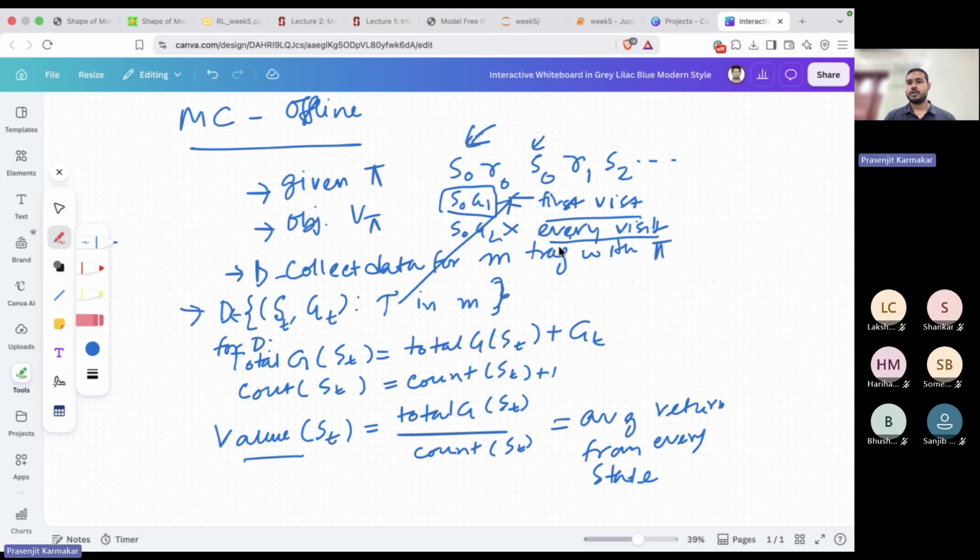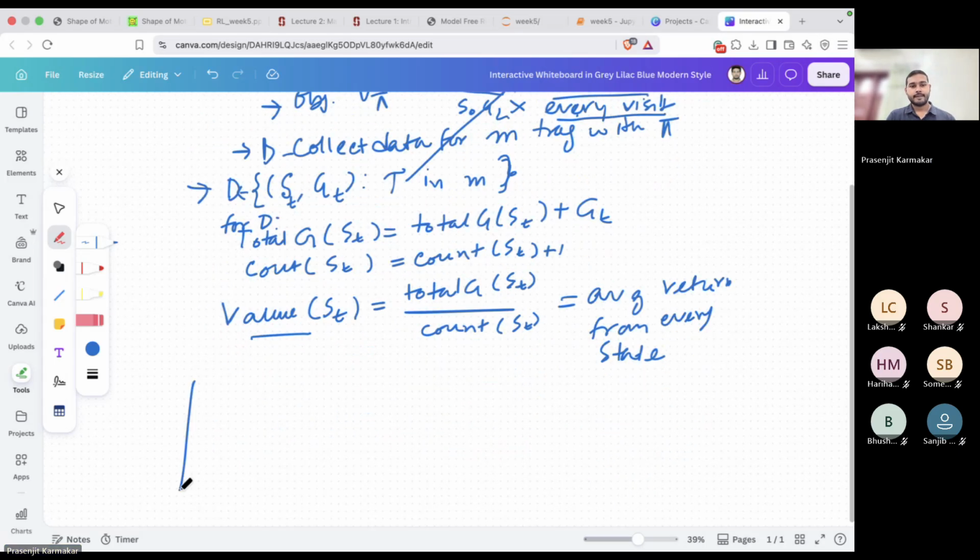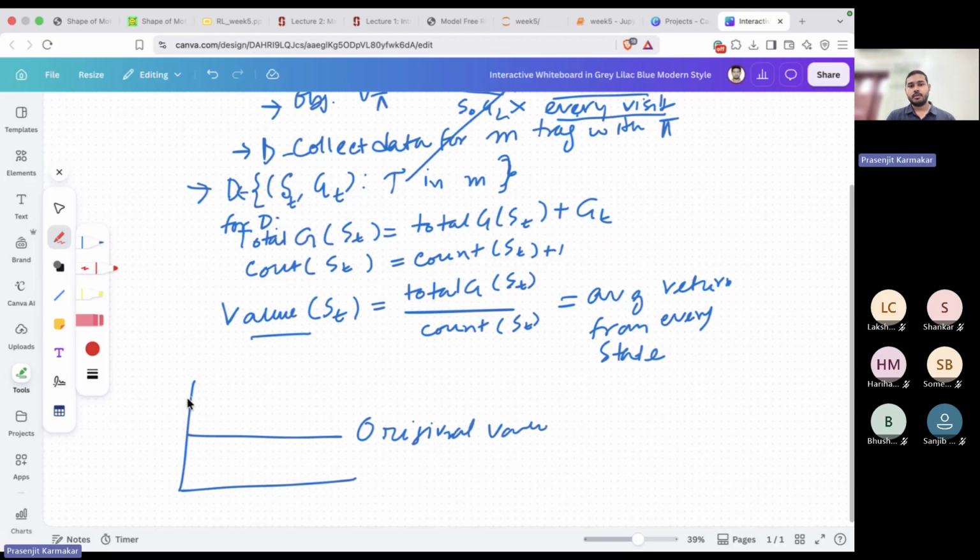So what do I mean by bias? Let's say this is my original value function. If I go with an every visit algorithm, it might land somewhere here or somewhere here.